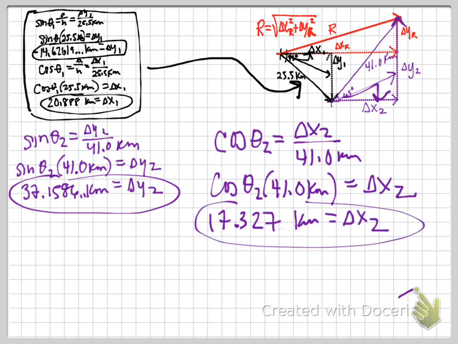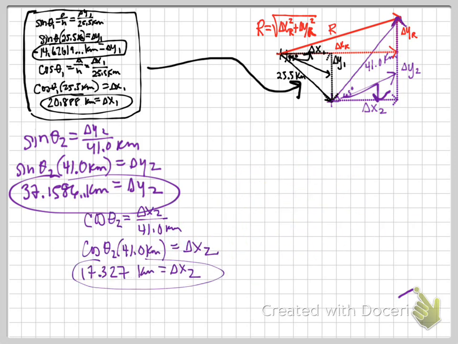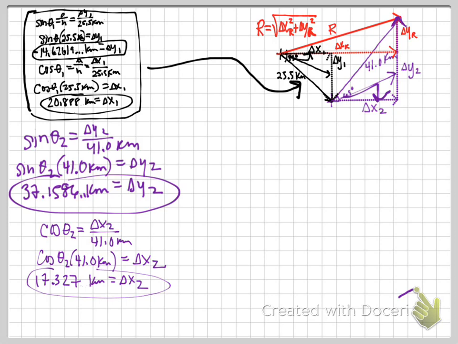And now it's time to start thinking about building our big triangle. I have had students in the past who have said it's easier for me if I pull those triangles out. And you can certainly do that. And sometimes I do, especially if it's a really complicated one.